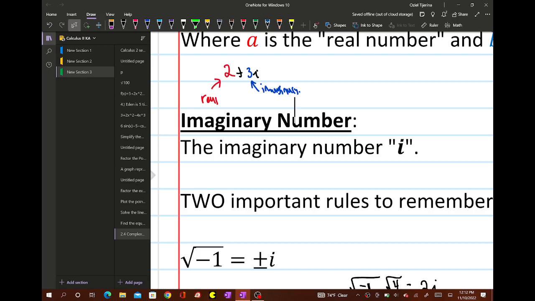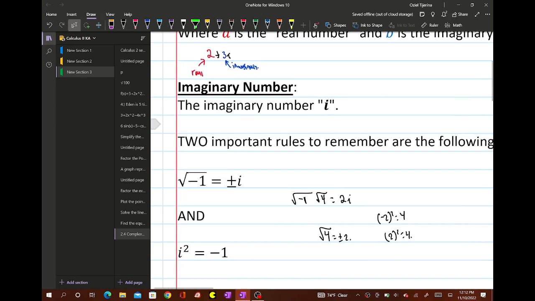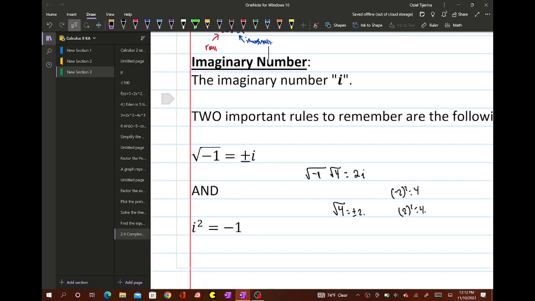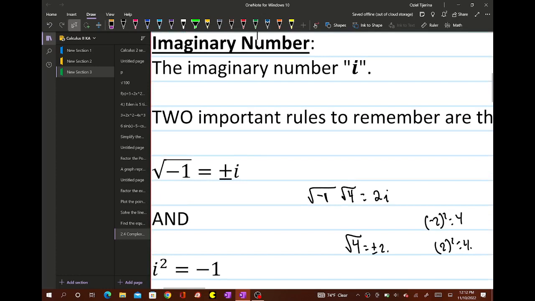There are two important rules to remember for i. The square root of -1 is plus or minus i, because i squared is -1, and negative i squared... let's see if this is true.